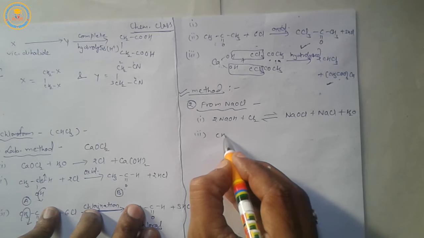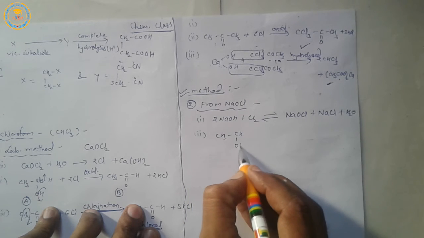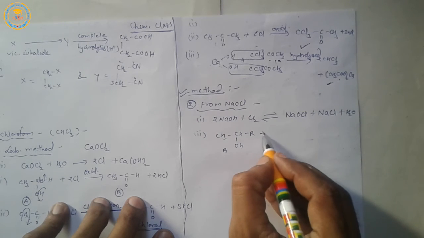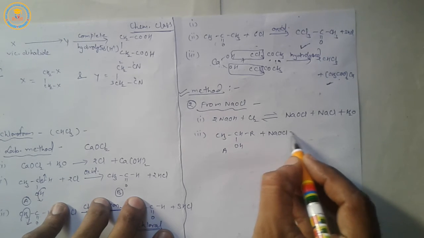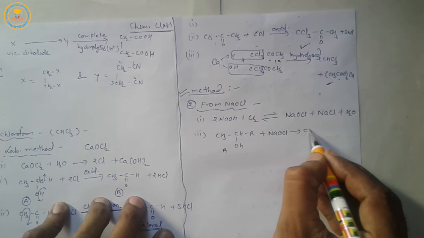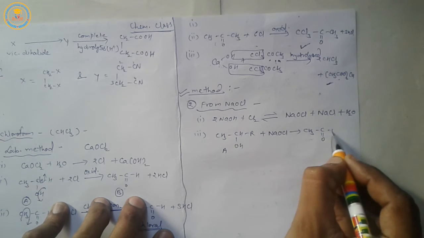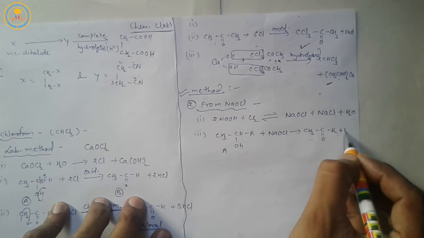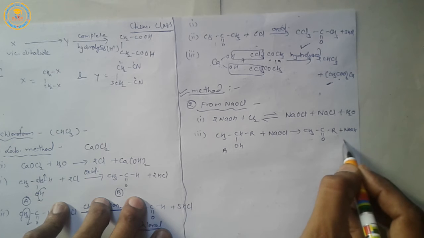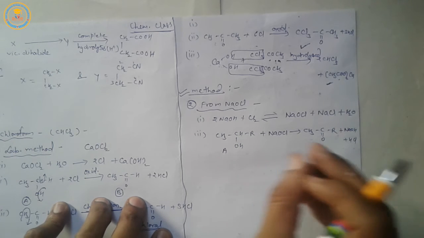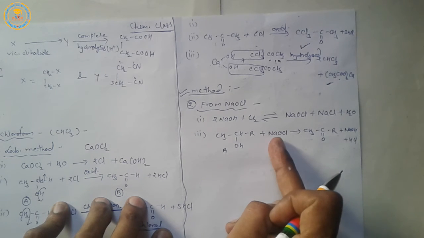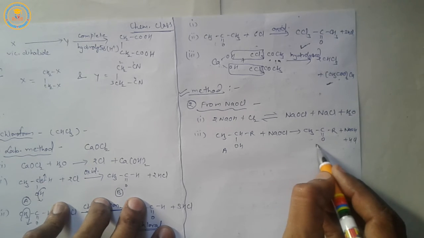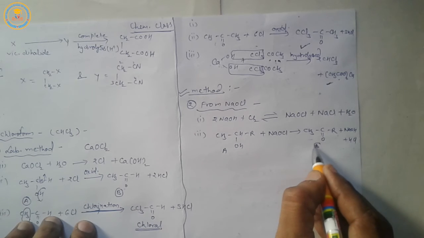So the A-type structure compound reacts with sodium hypochlorite, then the B-type structure compound, which is a carbonyl compound, is obtained after removing NaOH and HCl.